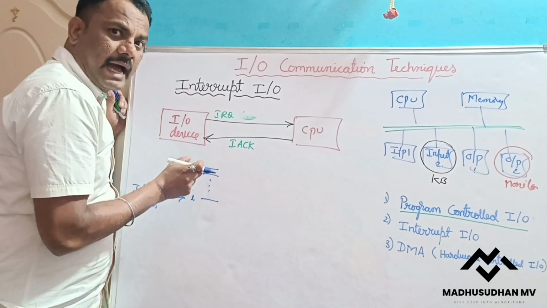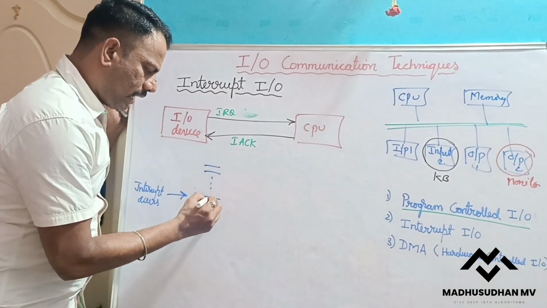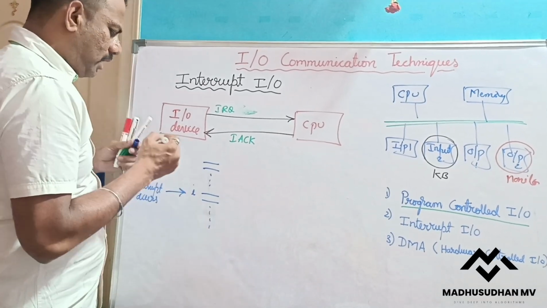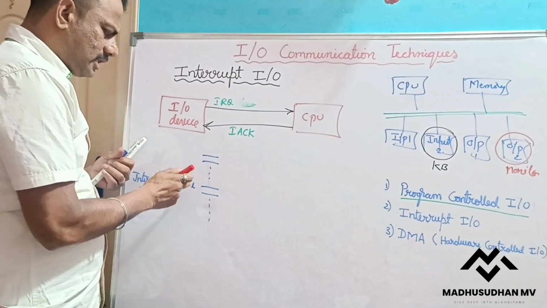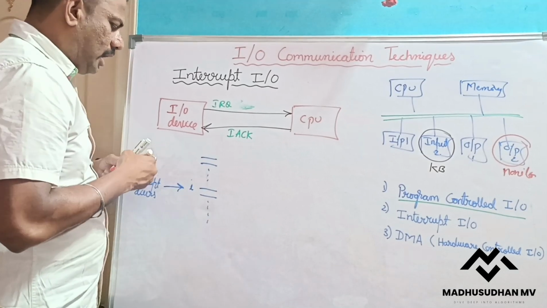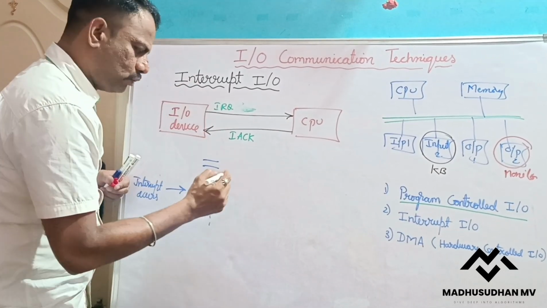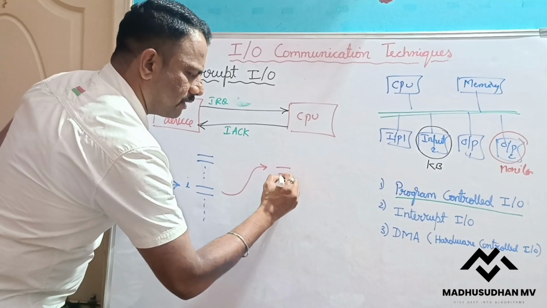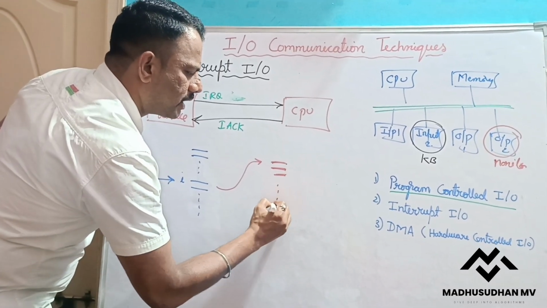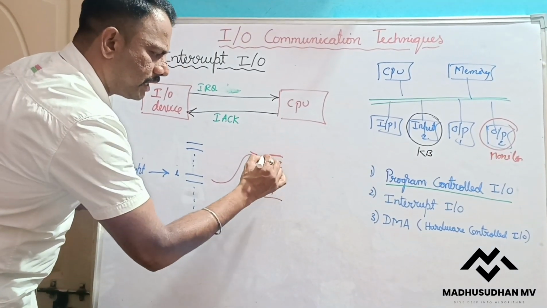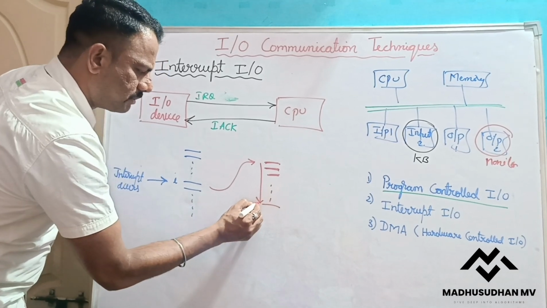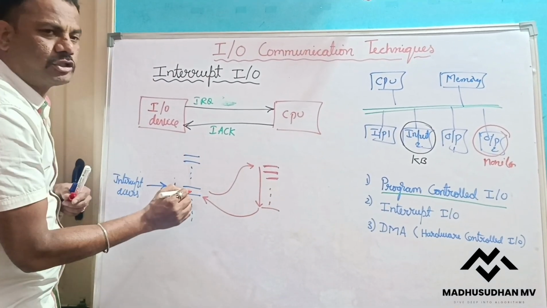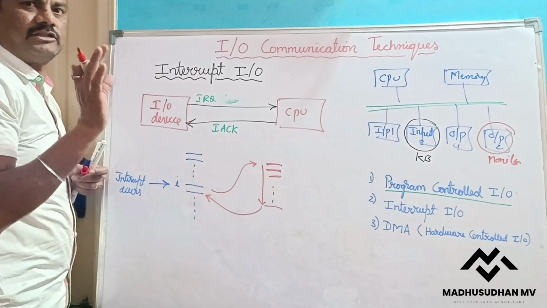After the ith instruction, I have many more instructions. Whenever the interrupt occurs at the ith instruction, our processor stops execution and goes to the corresponding interrupt service routine, and completes that. After completing all the instructions of the interrupt service routine, it comes back exactly where it was stopped earlier, and from there it resumes.